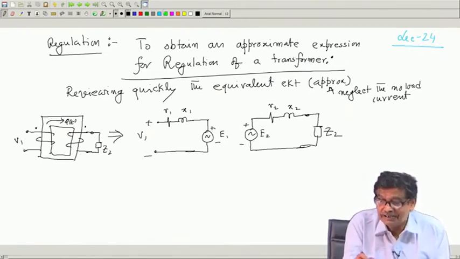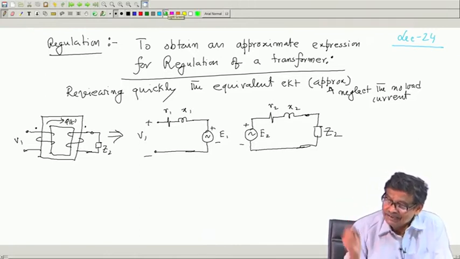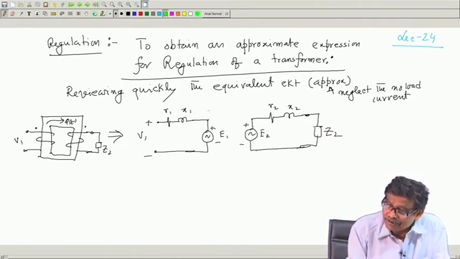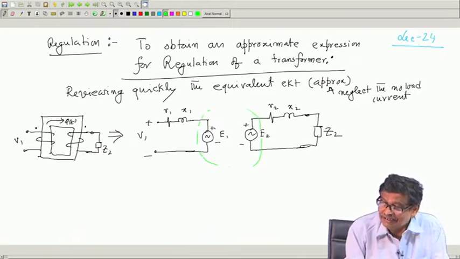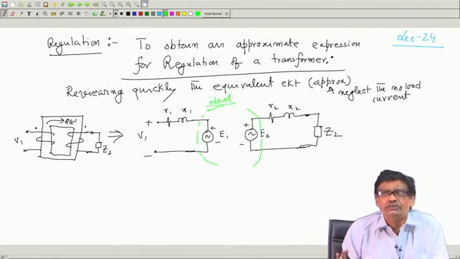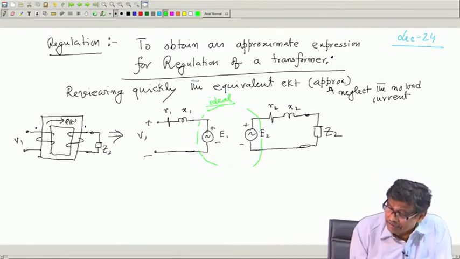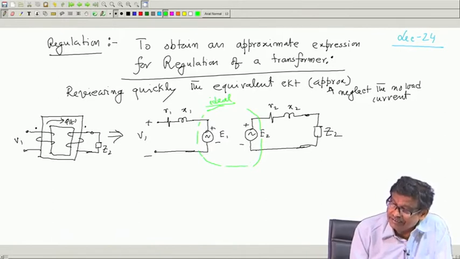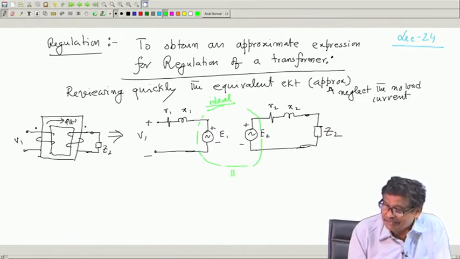Now, the interesting thing is this one, because this portion is ideal, you can view it in another way. What I am trying to tell is, this is the same as this thing.